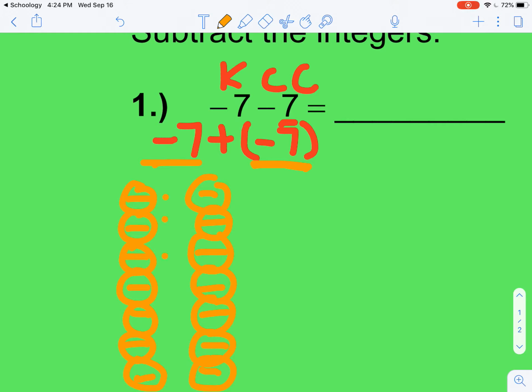I have 14 negatives. Now, a hint that I told you in a couple of videos ago, but if both of my numbers here are negative, I can just add them. 7 plus 7 gives me 14, but since they were both negative, I need to make sure I add that negative sign in there. And then you don't need to draw all of these minuses out. Save yourself a little work.